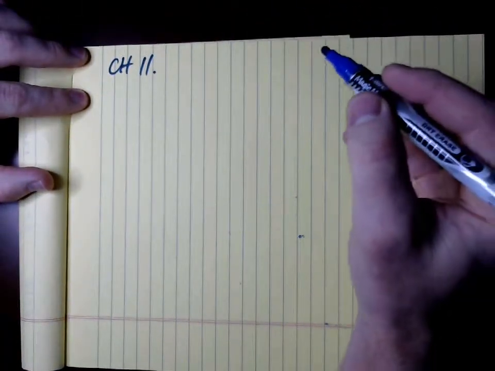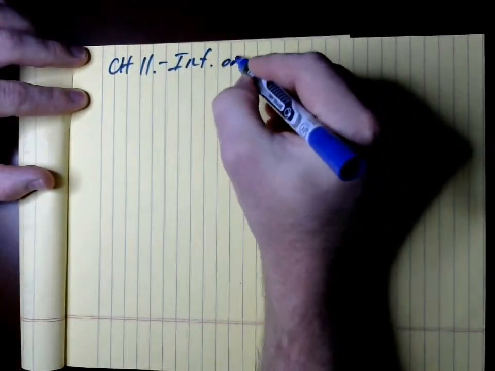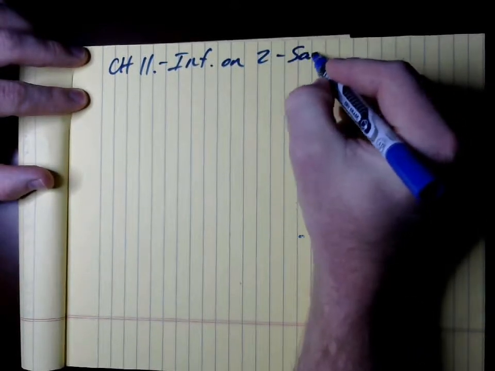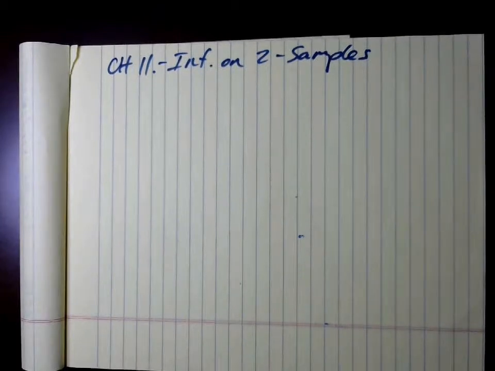So in chapter 11, which is inferences on two samples, first off, if you remember, the Math 244 students, you're in inferential statistics, and really business stats is also inferential statistics. And the idea, if you remember, of making inferences is looking at a sample and being able to tell what the population looks like based off the sample.